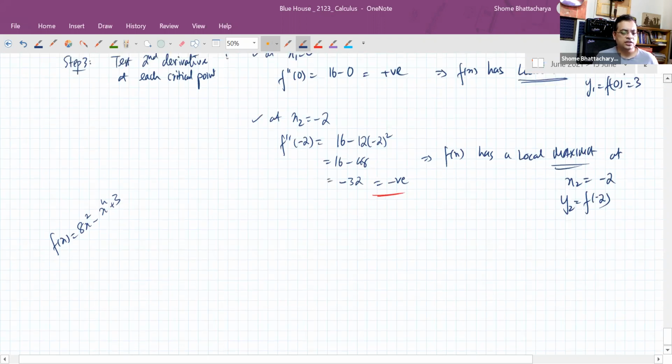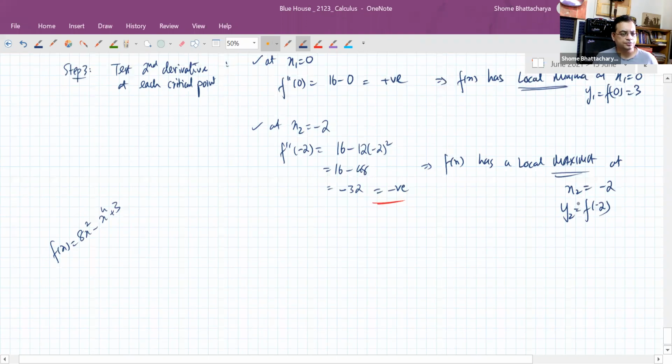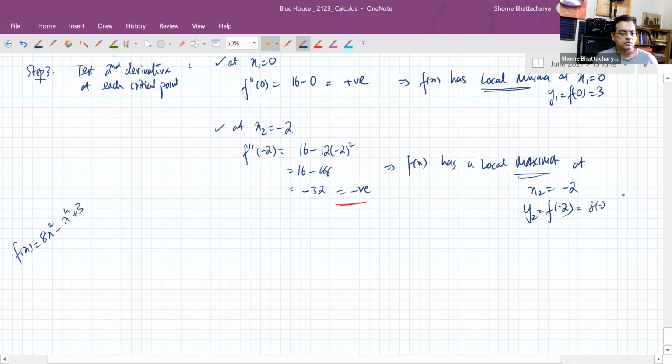So the value of the function at -2 is going to become 32 minus 16 plus 3. So it is becoming 19. So the local maxima is at this spot.